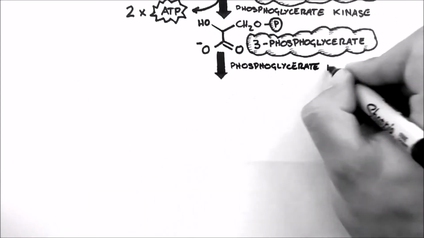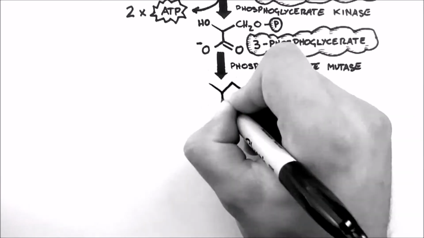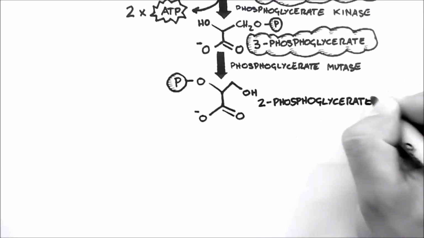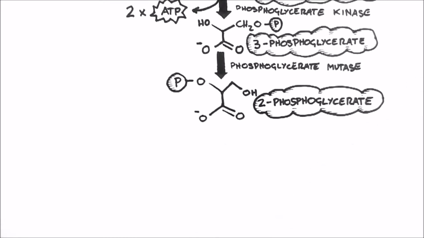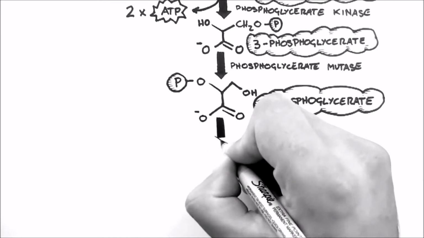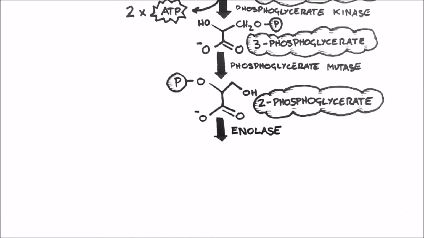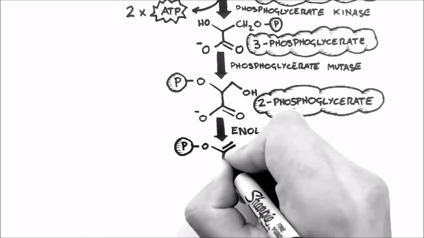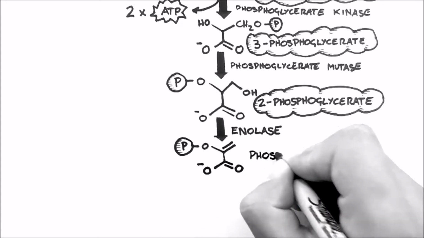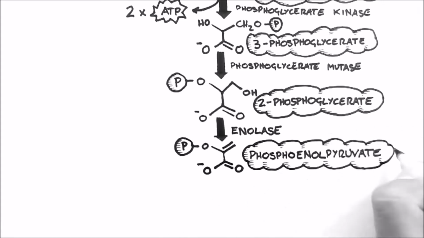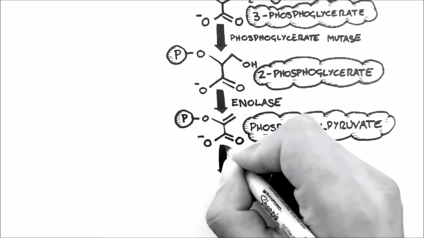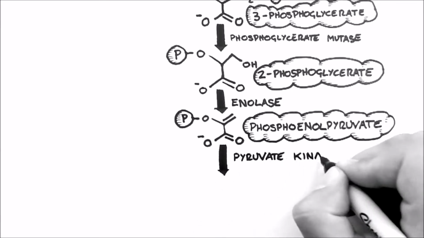The enzyme phosphoglycerate mutase is essentially an isomerase, so it creates the isomer 2-phosphoglycerate from 3-phosphoglycerate. Enolase is the next enzyme, and it produces a double bond by removing the hydroxyl group. This leaves us with phosphoenol pyruvate. The final enzyme of glycolysis is pyruvate kinase.